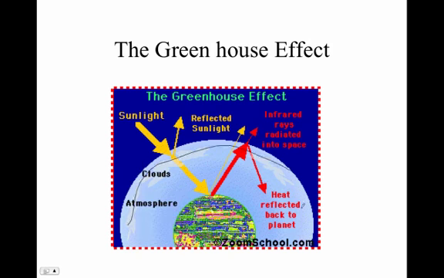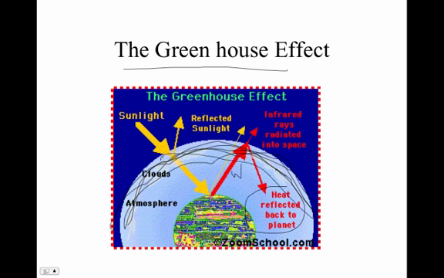And if it traps too much in, the heat is reflected back into our planet, and that could warm up the Earth. We call this the greenhouse effect because this is like windows in a greenhouse. Our atmosphere traps in extra heat to keep it unnaturally hot.